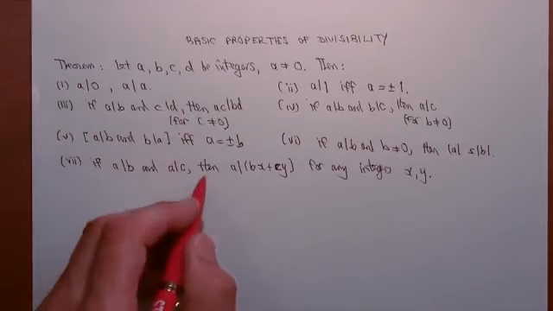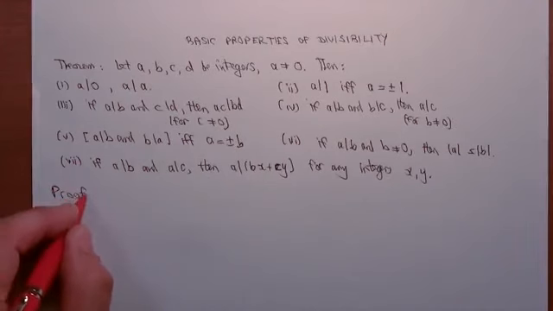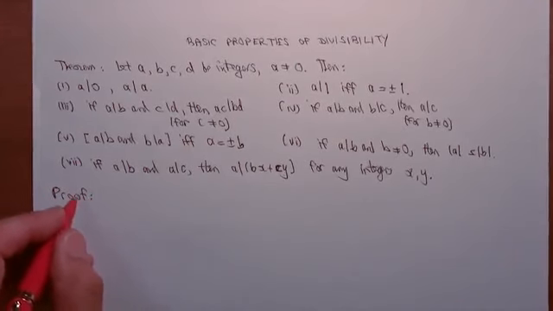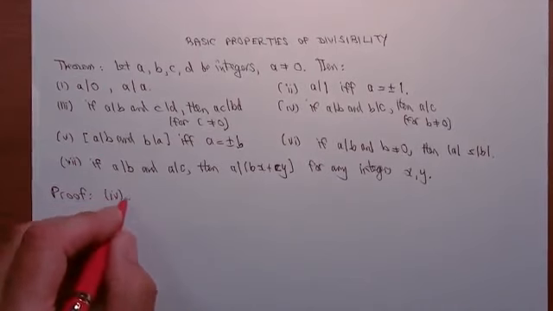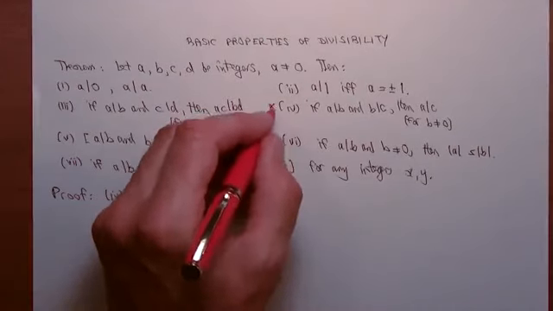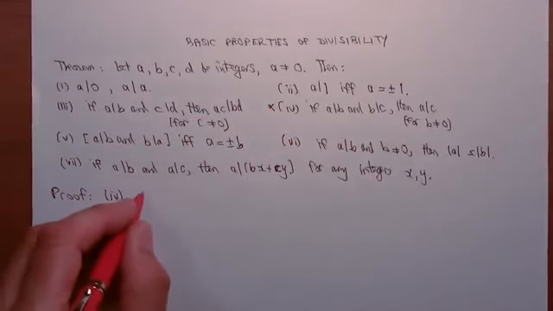Okay, you prove all of these by going back to the definition of divisibility. Now, what I'm going to do is I'll prove two of them as examples. Let me just pick number 4. Let's prove 4, that's this one here. All the proofs are essentially the same idea.